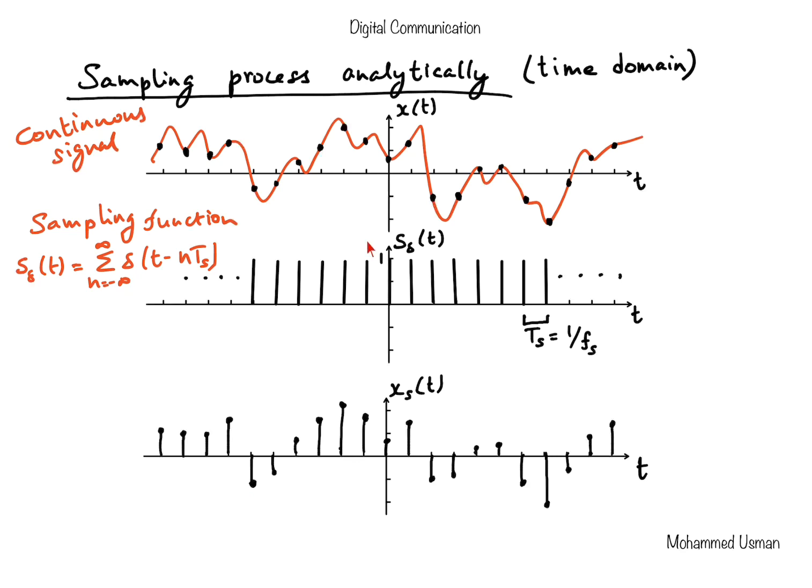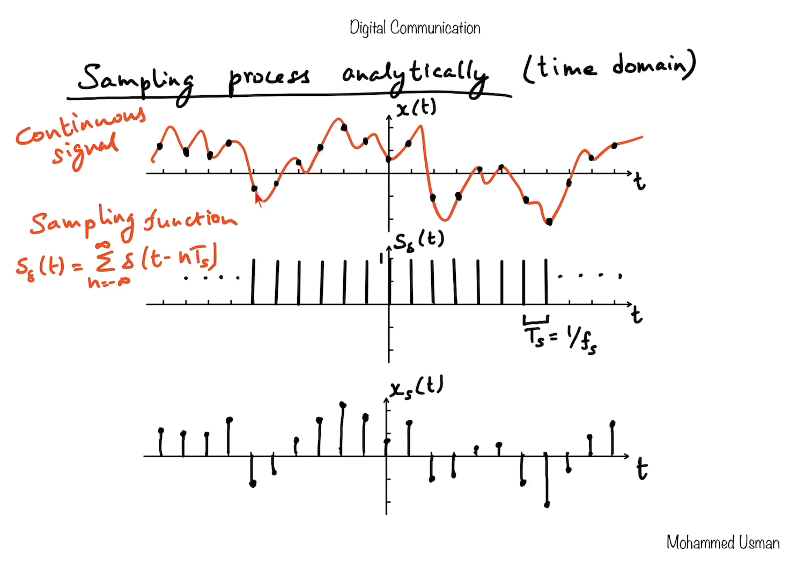Because the amplitude of the impulses in the sampling function is equal to 1 at the sampling instants, that is at 0, at Ts, at 2Ts, at 3Ts, and so on, and similarly at minus Ts, minus 2Ts, minus 3Ts, and so on, exactly at these sampling instants the value of the sampling function is 1. At all other time instants, the value of the sampling function is 0. So when we multiply these two signals, that is equivalent to multiplying the amplitude of the signal at the time instant with 1.